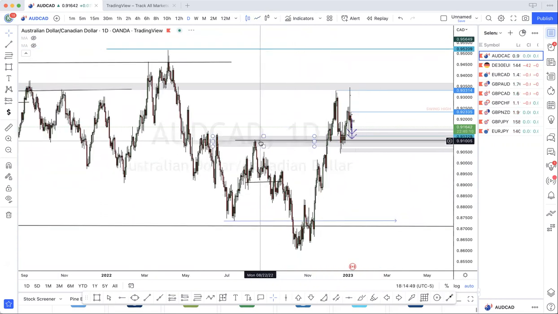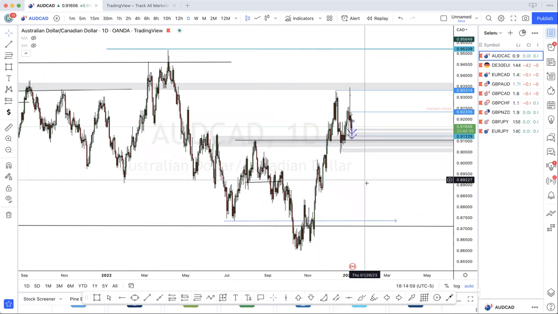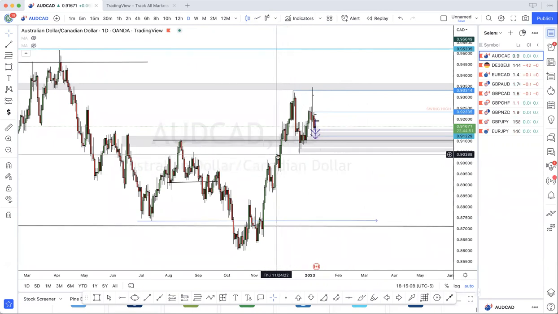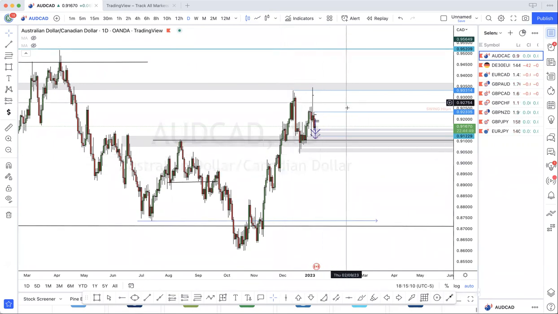But now, because we had this break of structure, we're kind of looking for buys. So even if it breaks this low back here, once it pulls back, you can sell it down, but you don't know how far it's going to go, right? It can come back to this order block and buy back up.